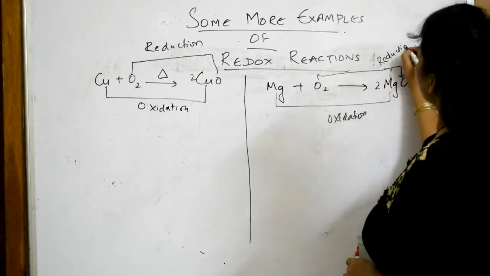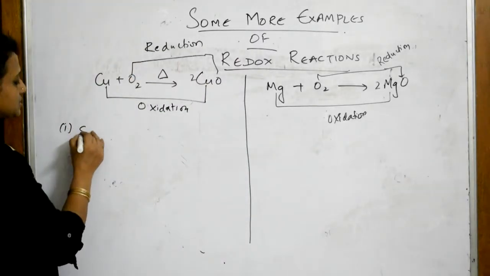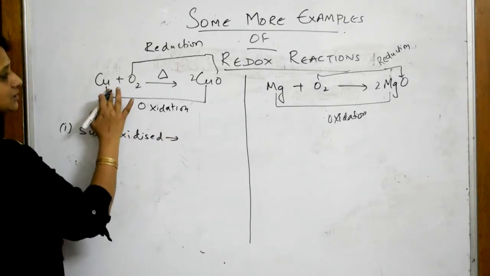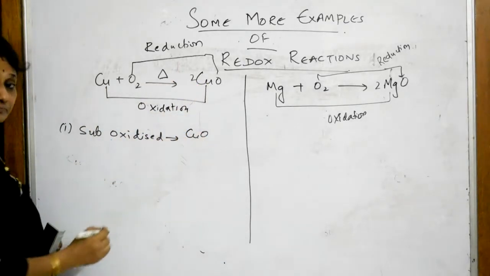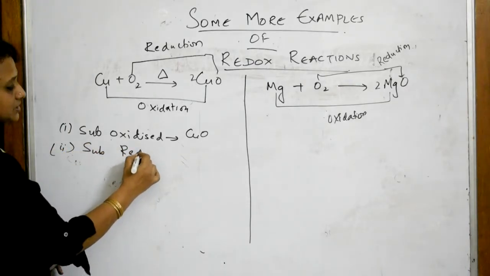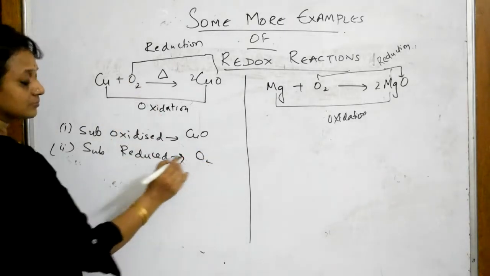Okay, now I have to write 4 things. First one, substance oxidized. Which is the substance which is oxidized here? Copper. Second thing, substance reduced. Which is the substance which is reduced here? Oxygen.